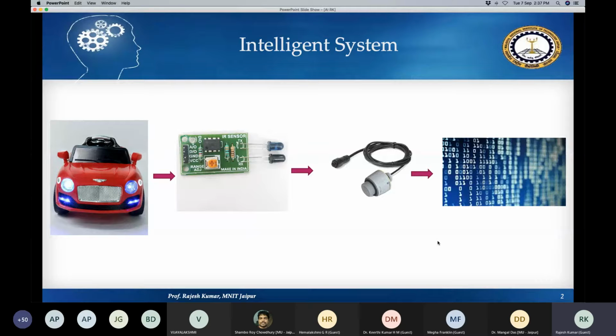Every time you talk about intelligent machines and intelligent systems, and the theme of the course is how you can implement these things in the real world, you always have one system, then some kind of sensors, then a converter mechanism, which finally gives us the surroundings in the form of data, which we take to the computer.